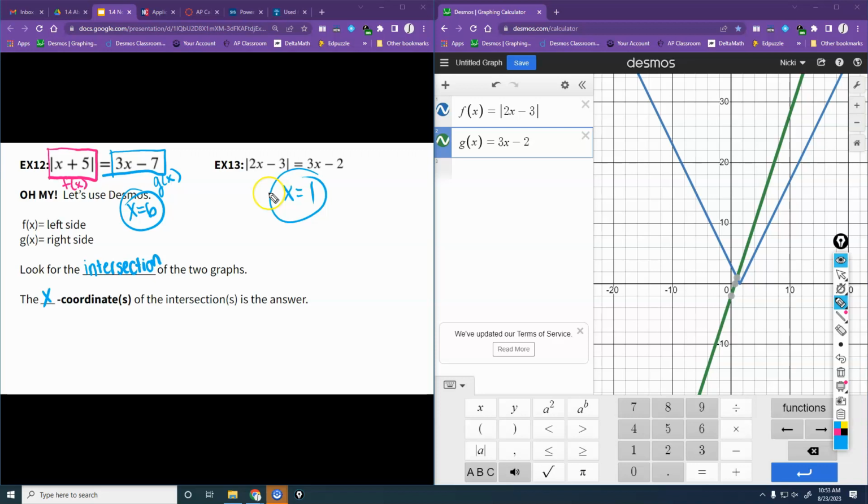I did post the answer key to this, I think. I would like for you to use Desmos to check, because you can use Desmos on the exam, right? So you can actually use that on the exam to check your work, whereas Mathway or the answer key is not going to be available. So keep that up.